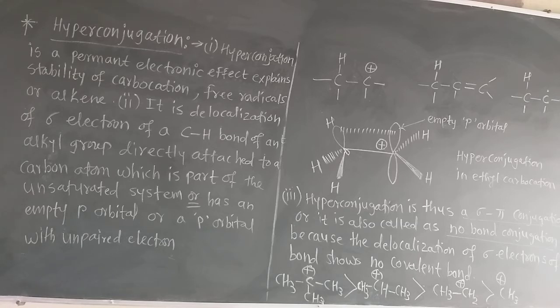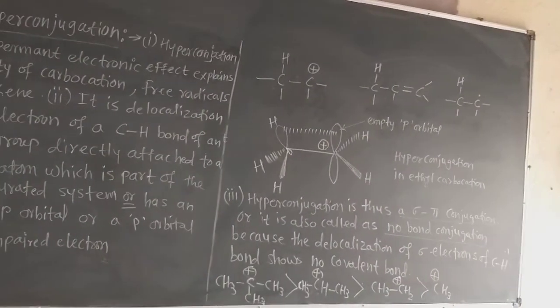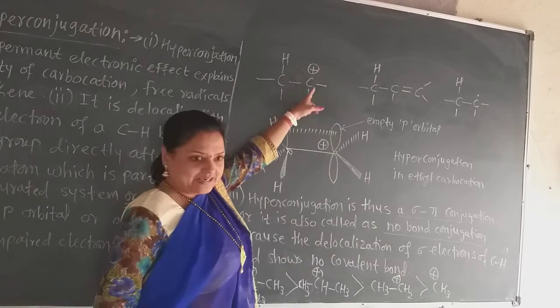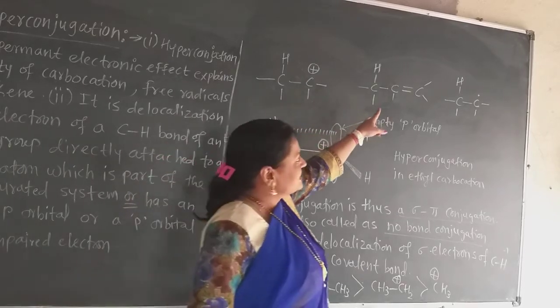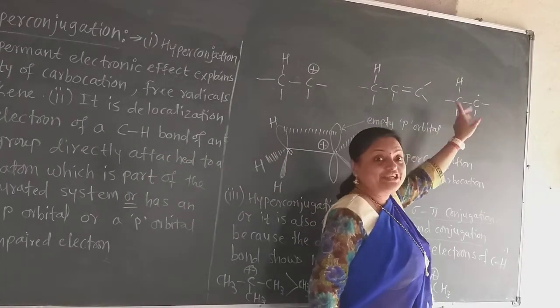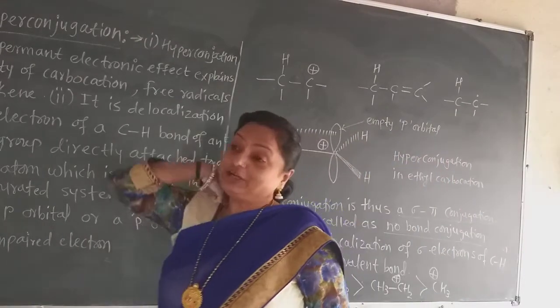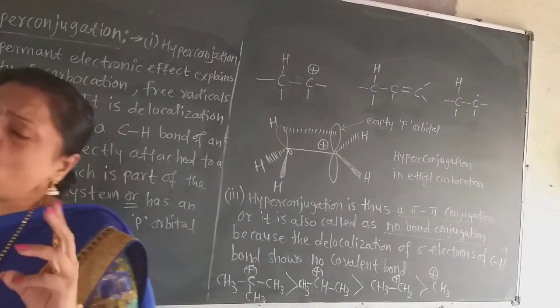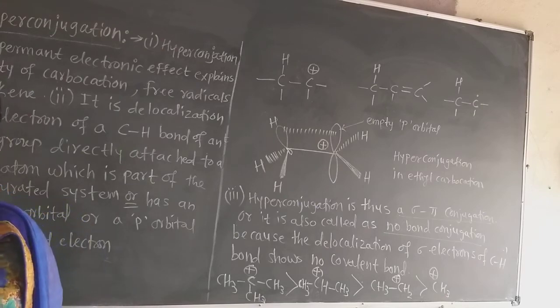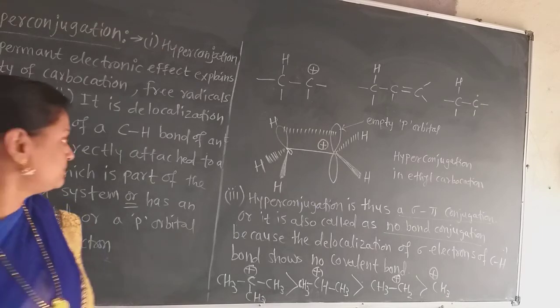Now see on the blackboard, I show all these three species: the positively charged carbon atom, this alkene, and this free radical which has only one unpaired electron. In all the three species, the hyperconjugation effect is shown.